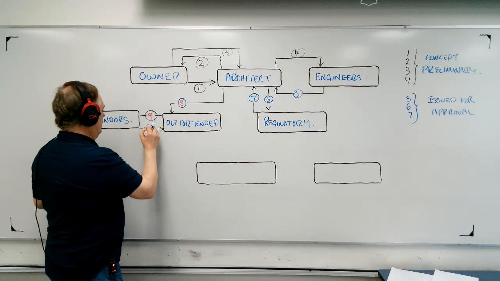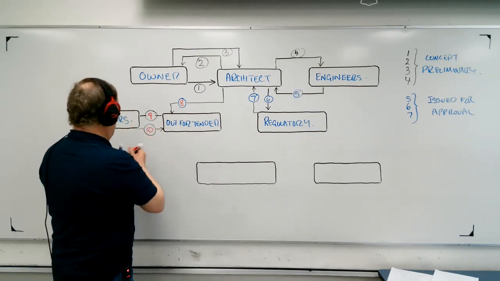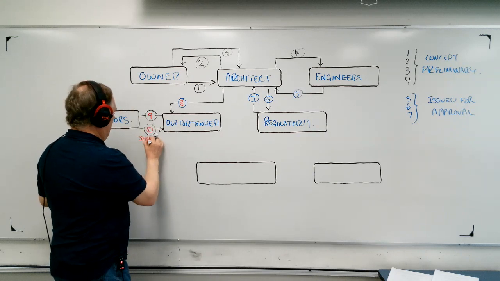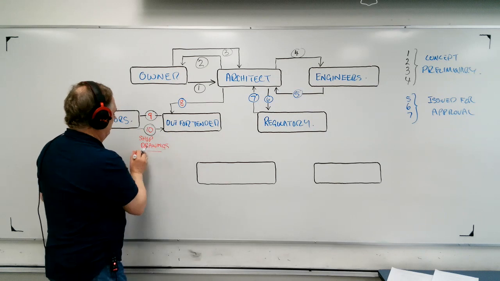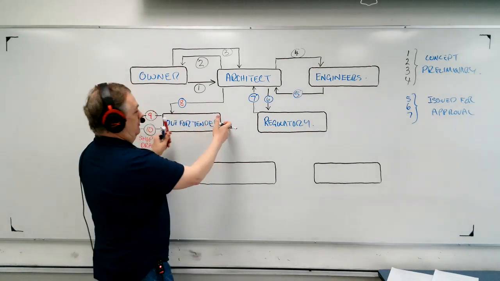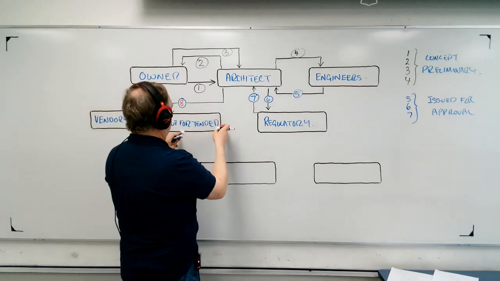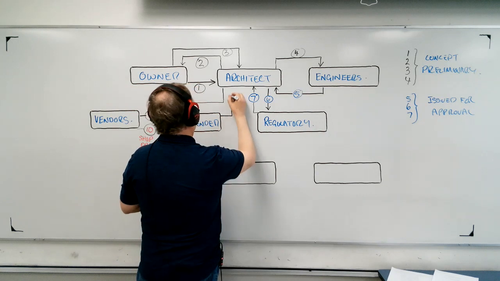Now, at this point, this is step 10, the shop drawings are included right here because the vendors have to give the shop drawings so that they can be included in the bid. Now we can take, and these bidders can now take and send this back to the architect.